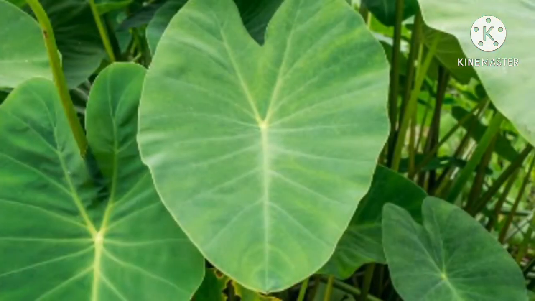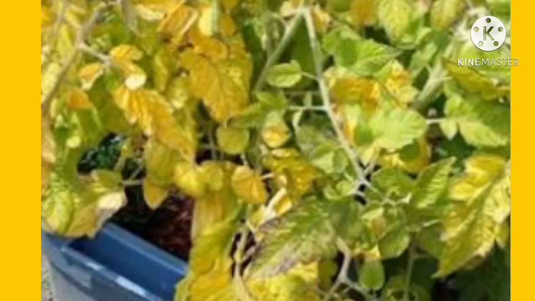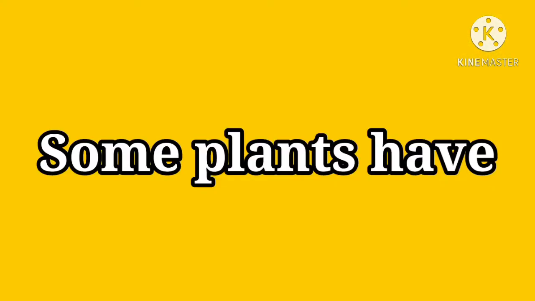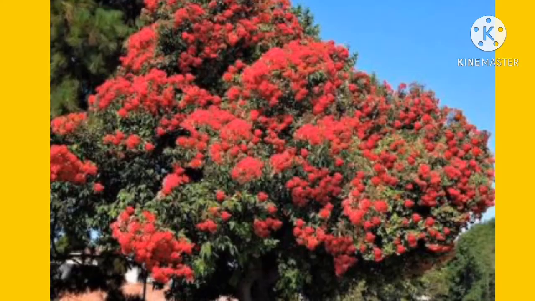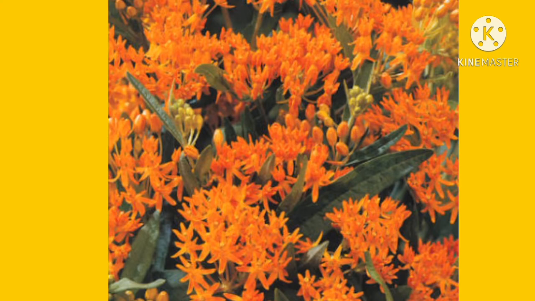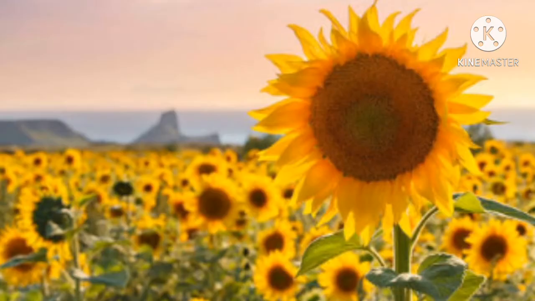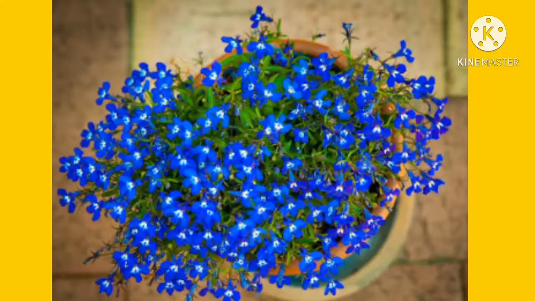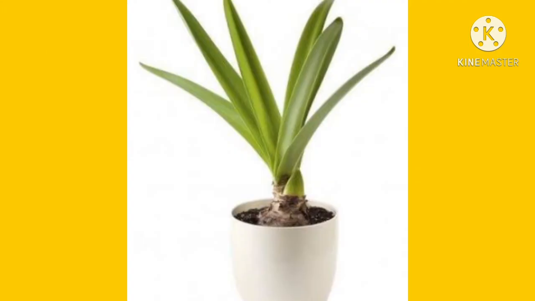And some plants creep on the ground and some climb up with the help of some structure. Some have green leaves and some plants have brown or yellow leaves, and some plants have yellow flowers and some have red flowers, some have orange flowers and many other colors, and some have huge flowers and some have tiny flowers, and some plants do not have flowers at all.